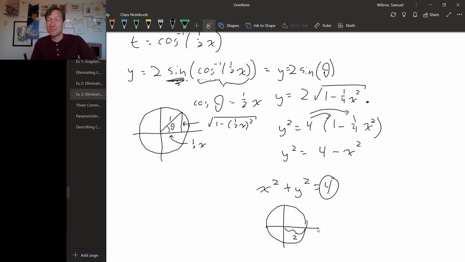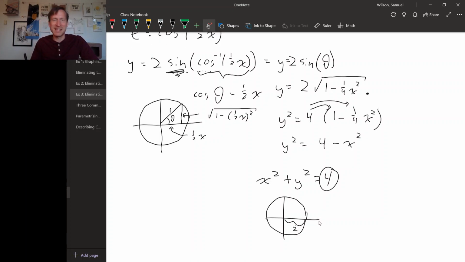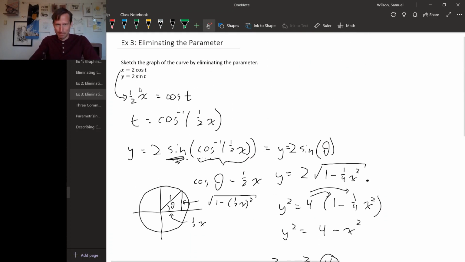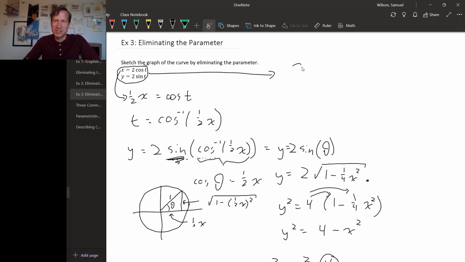In fact, maybe that's something we should have noticed from the very beginning, because sine and cosine were sort of created for tracing out circles, right? If you look at the original parametric equations, it's as if we have x equals r cosine theta and y equals r sine theta, which does come from a circle.